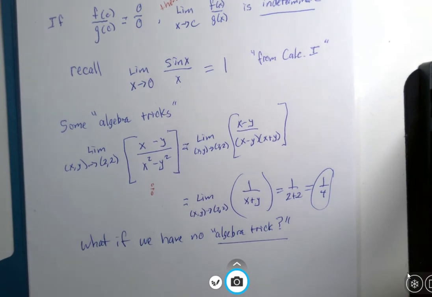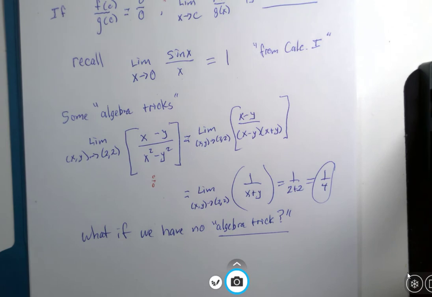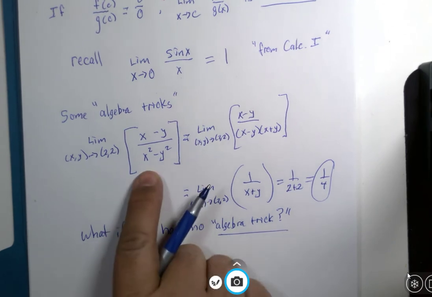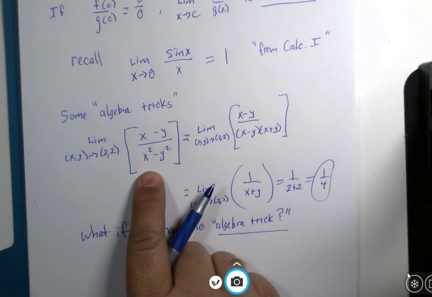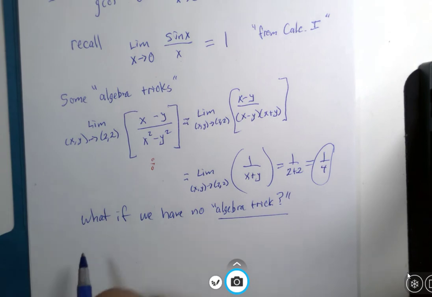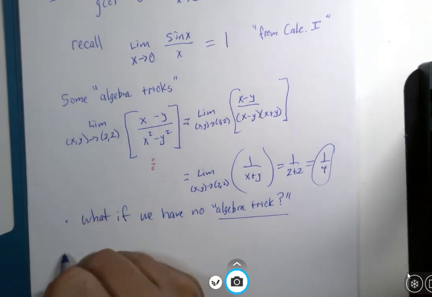There are some algebra tricks that could be taught. We are not going to focus on them in this course, but there are algebra tricks out there. Even the book will share a few, but they only work if the problem is just right when it comes to fitting a particular description. I'm going to add a little bit more bad news. What if we have no algebra trick? That's kind of bad news.